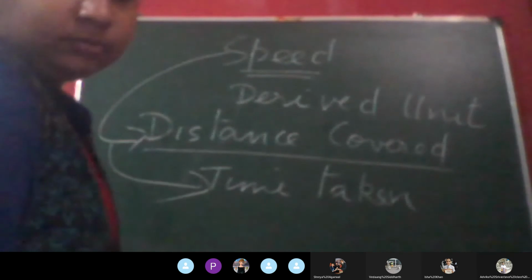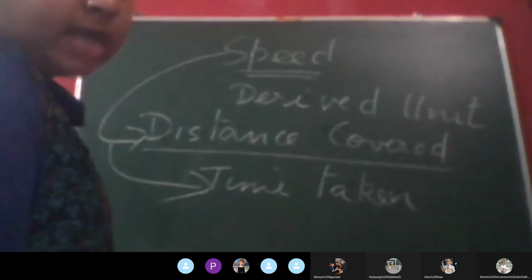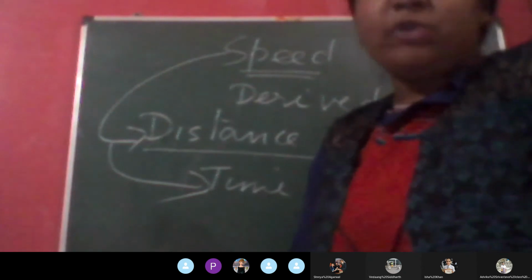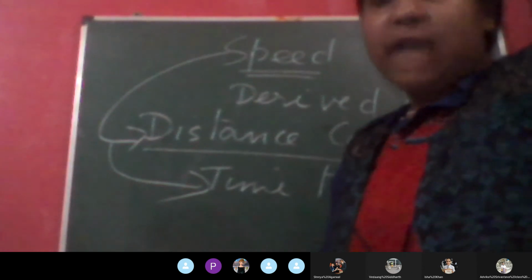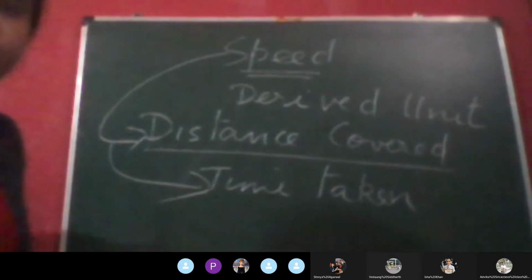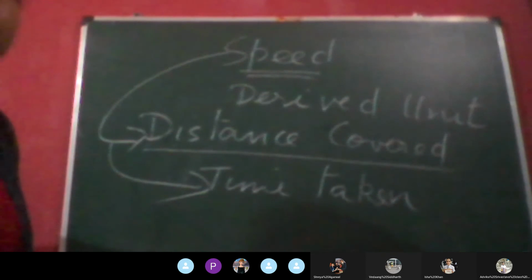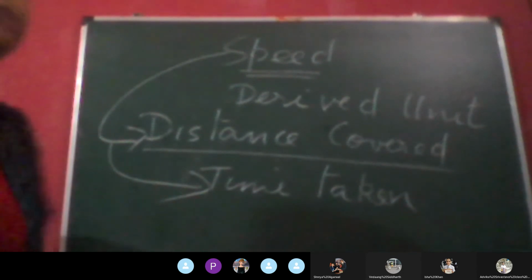What is the standard unit of distance? What is the standard unit of distance? Standard unit means SI unit. Come on, in class 6 you might have learned the standard units of distance, time, current, and weight.